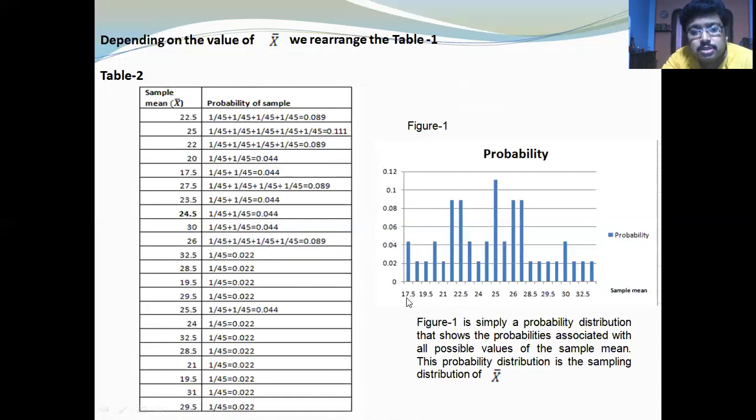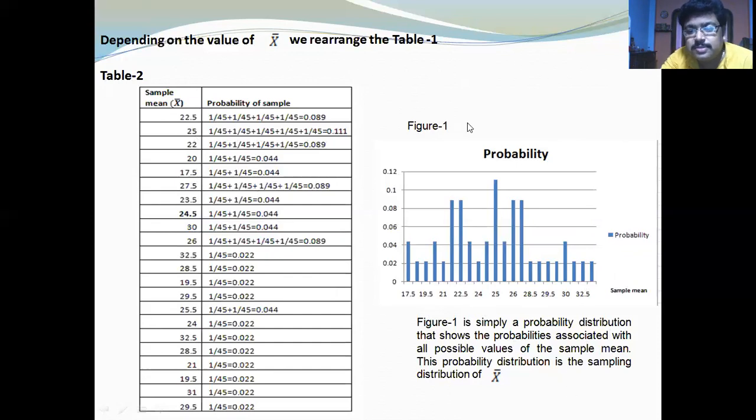And in this way, 25 has 0.11 probability, this amount. So in this way we present the sample means and corresponding probabilities in a graphical way.